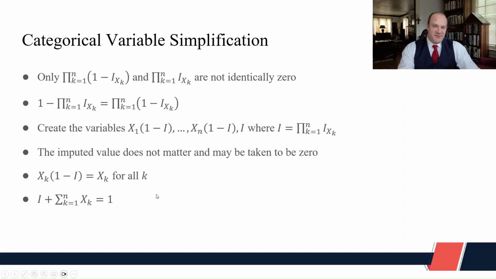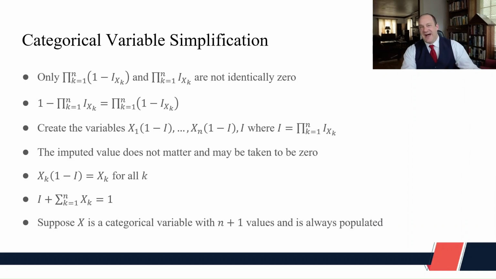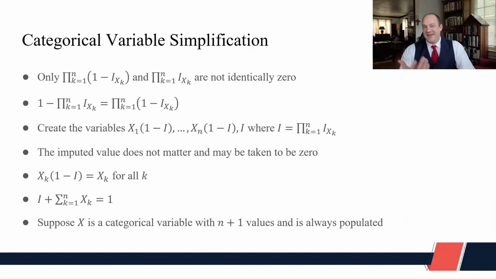Well, we've got n plus 1 binary variables whose sum is always 1. So what does that mean? It means that really we just got a categorical variable with n plus 1 values, and it's always populated. And so in the case that you're dealing with a categorical variable, the simplification is very straightforward. You just treat missing like the n plus first category, and then you move on with your life.